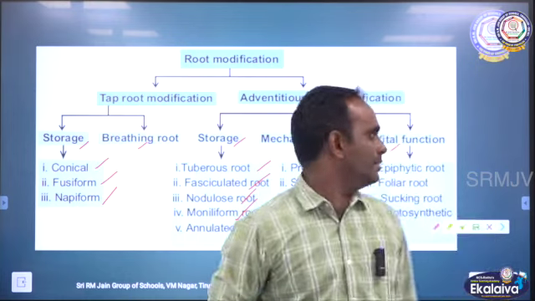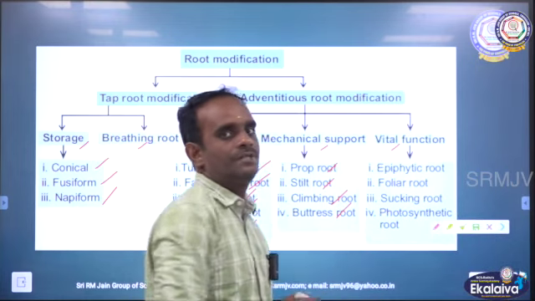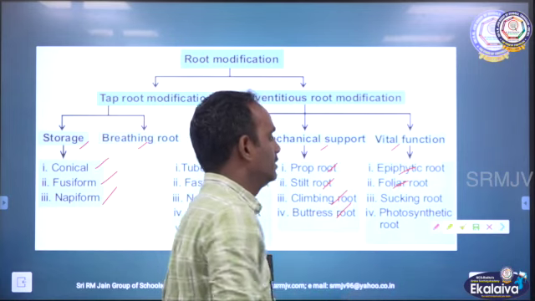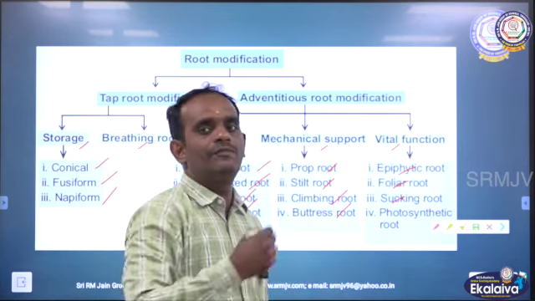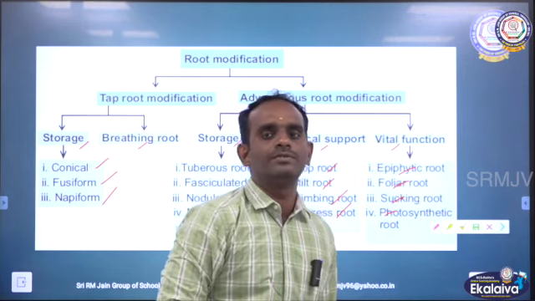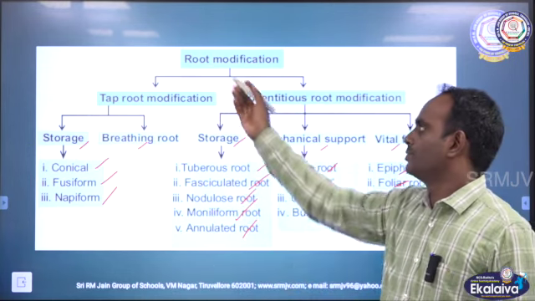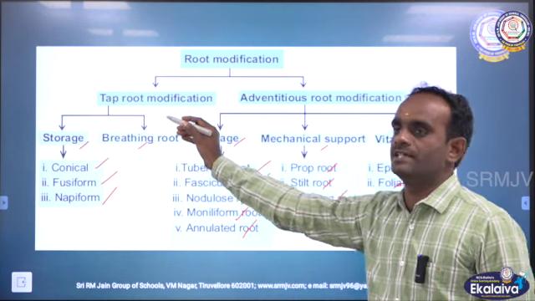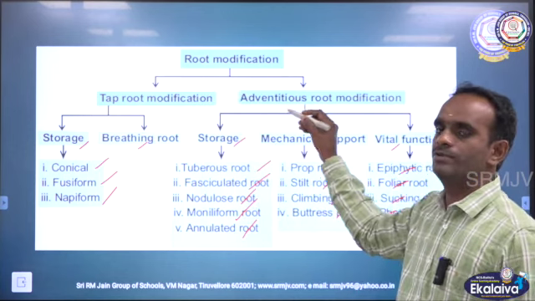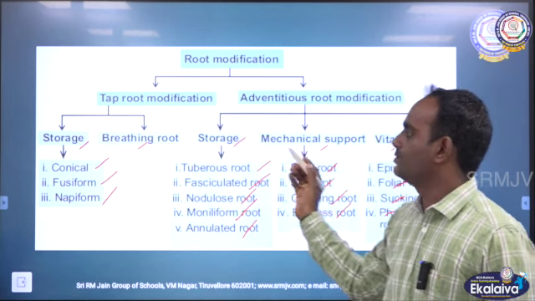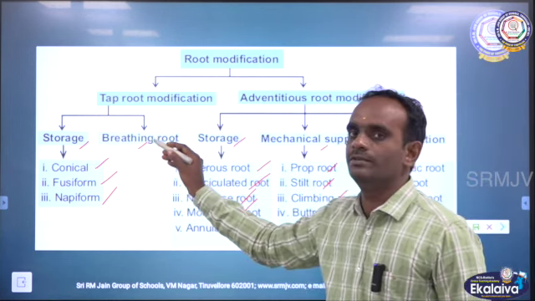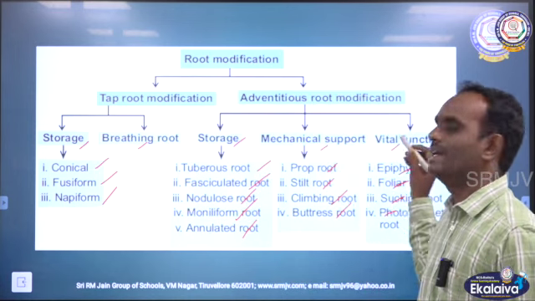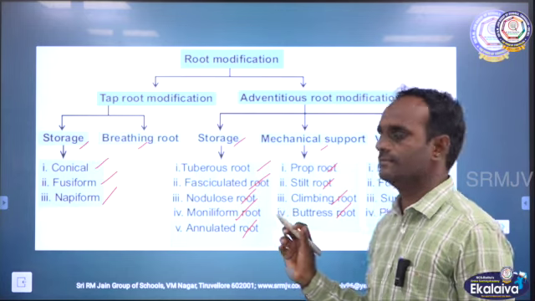In vital function, there are 4 different types: epiphytic root, foliar root, sucking root, and fourth one is photosynthetic roots. Okay, so root modification, 2 different types. One is taproot modification, another one is adventitious root modification. Taproot has storage and breathing roots, adventitious has storage, mechanical support and vital function. Clear, children?